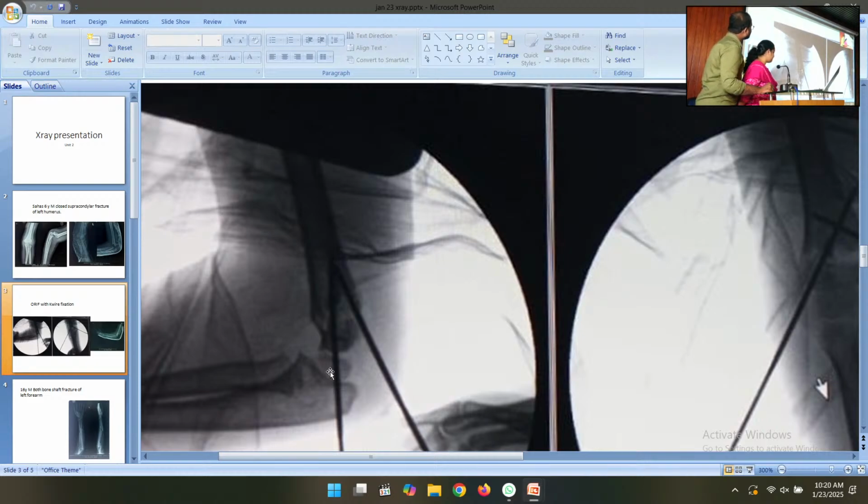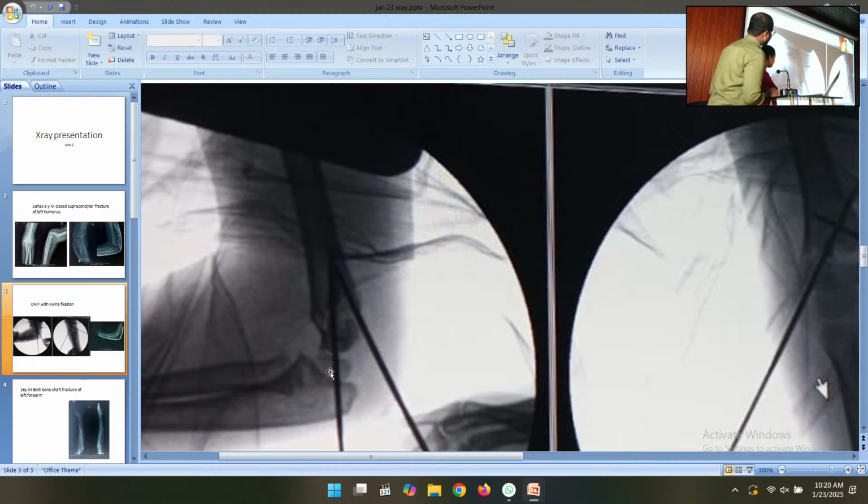That means there is a rotational deformity. There is no proportional width, which indicates a rotation. Invariably, it will be an internal rotation.